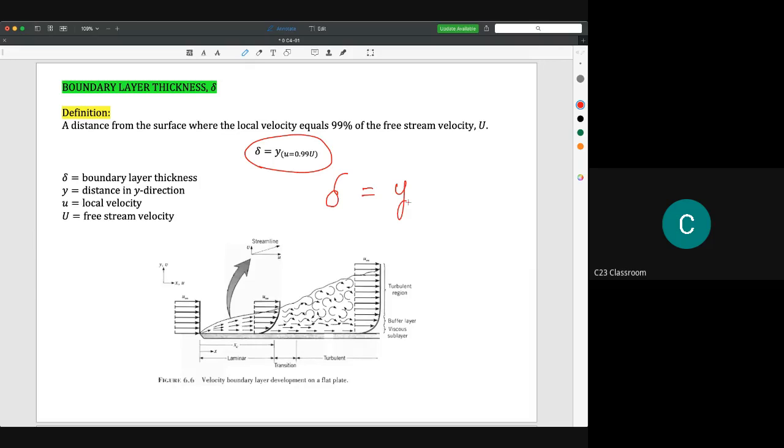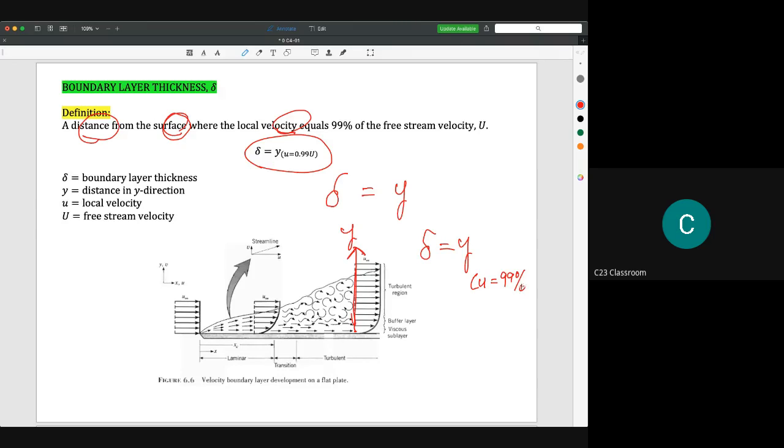Because it is just a distance, in meter or millimeter, from the surface to the local velocity. It is the distance along the y axis. So we write delta is equal to y, but we put a condition: y from 0 to u, which is 99%.